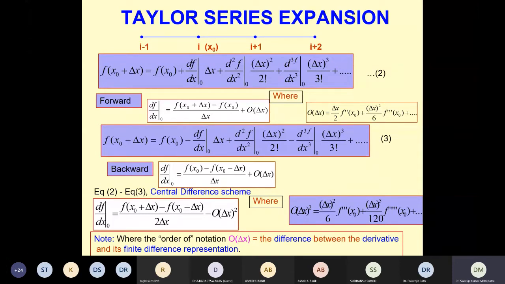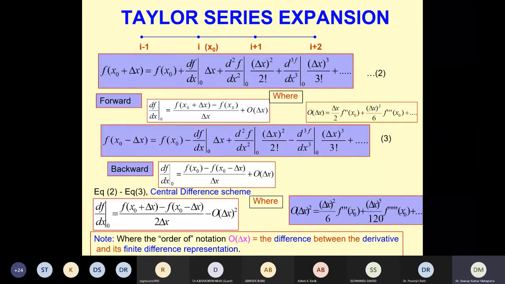What I meant to say here, just for showing, I have expanded through a Taylor series. When expanded, some of the terms we are chopping, we are dropping, and that is the source of error.